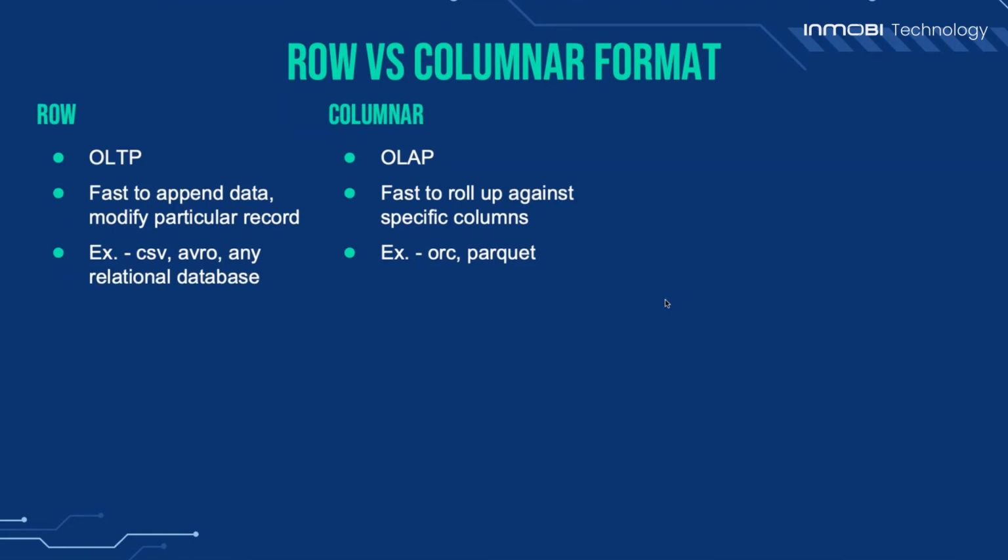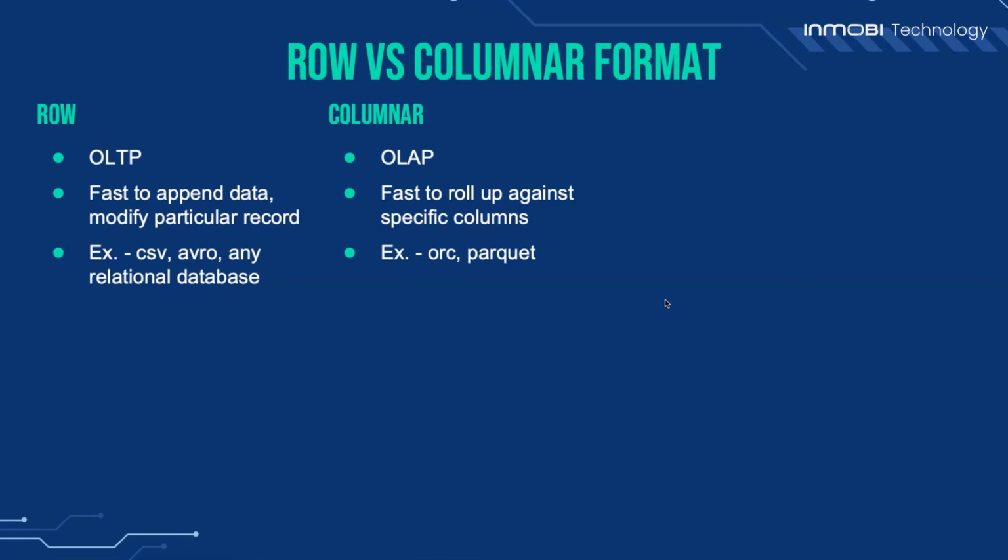one, which is mainly used in the analytical world, is good for doing the roll-up against specific columns, when you need to prune the columns quickly. The requirement in the analytics world is generally that you pick up two or three dimensions, two or three particular columns, like you need to get the total against a country ID for a particular time period.